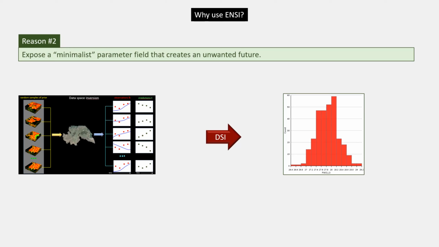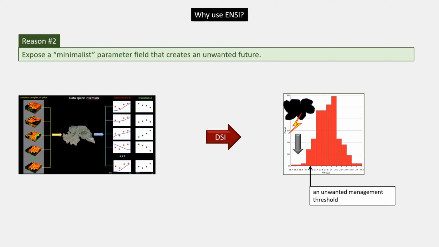What if we do this, and for a particular prediction of management interest, we find that, well, if we manage the system in a certain way, perhaps there are some things that could happen that we don't want to happen. Perhaps there'll be some management threshold for which there is a finite probability that we will exceed it.